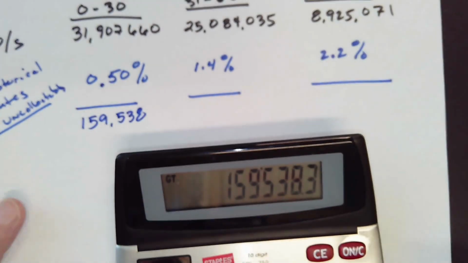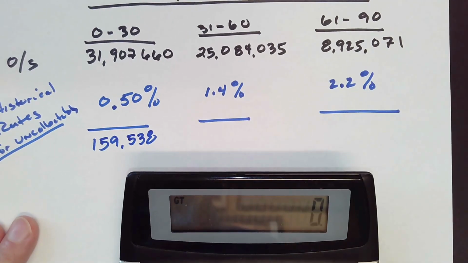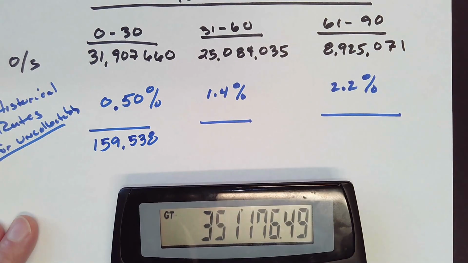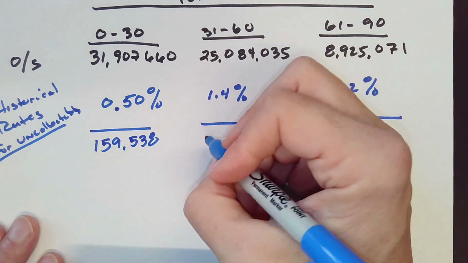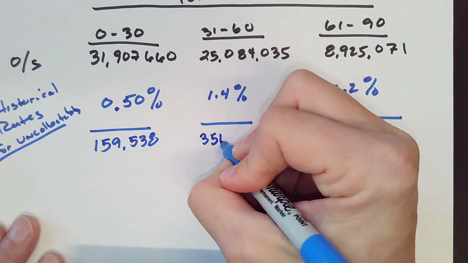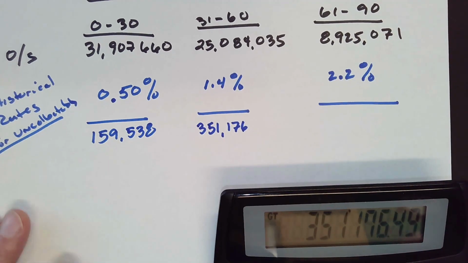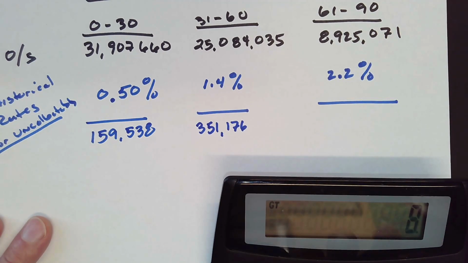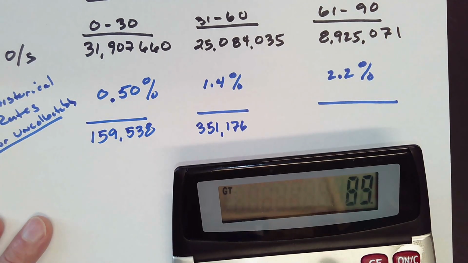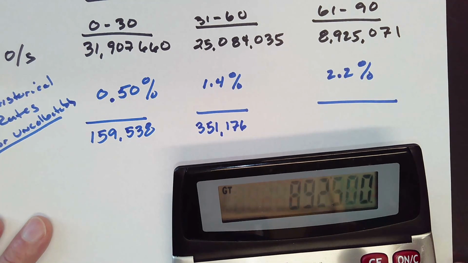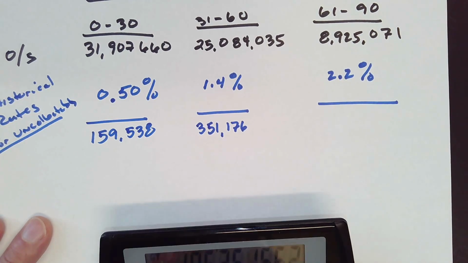In the 31 to 60, we got 25,084,035 times 1.4%, which comes to 351,176. And in the 61 to 90, we've got 8,925,071 times 2.2%, and that comes out to 196,351.